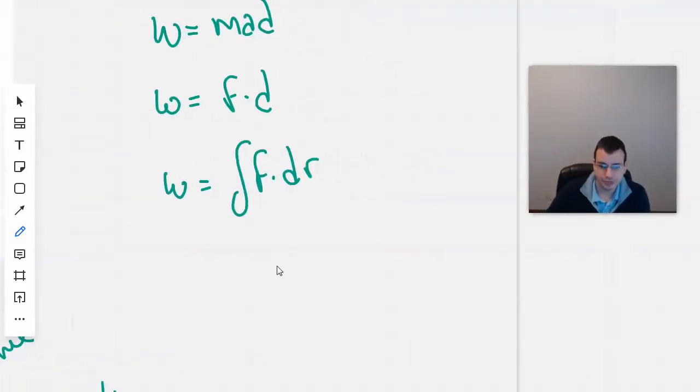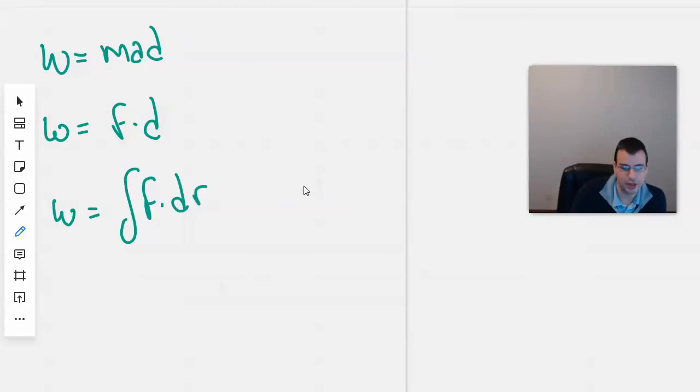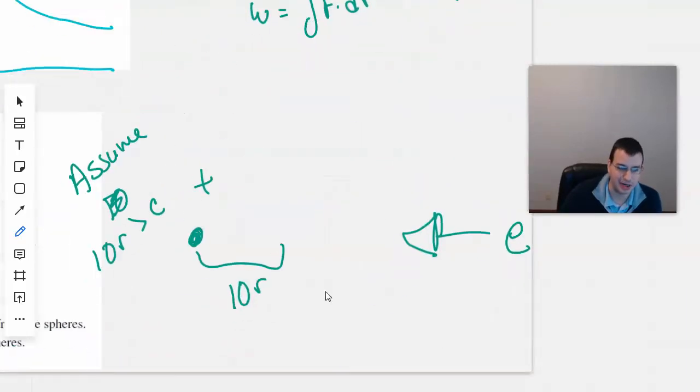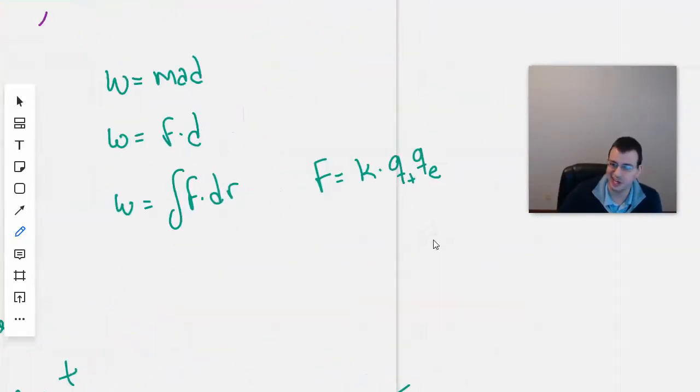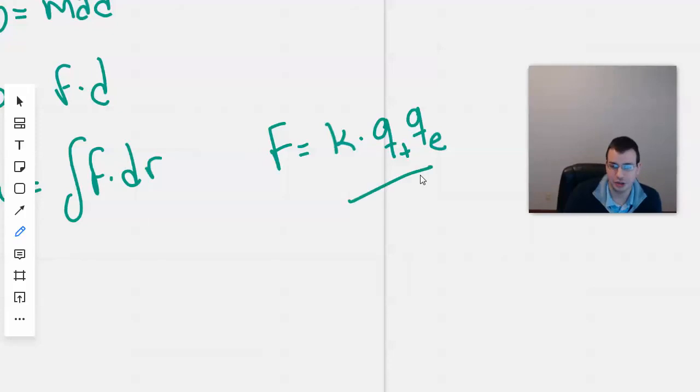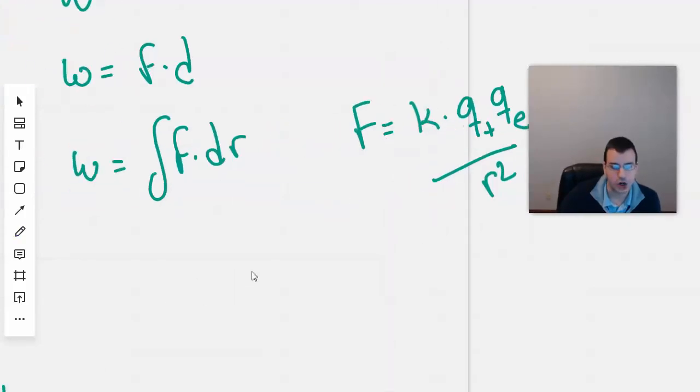So in this case, we know that force equals K Q. I'm just going to call this Q positive, and then Q electron. They give us a charge of e minus, but I feel more comfortable with Q E for now, and I will change it later. Over r squared.